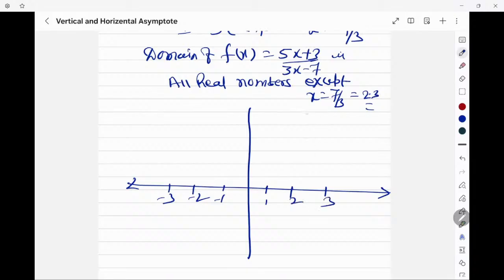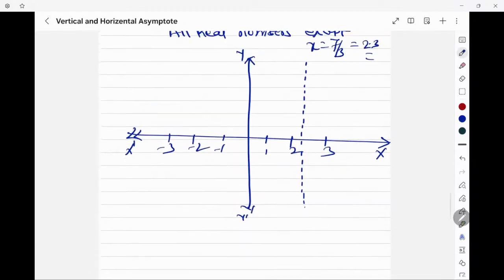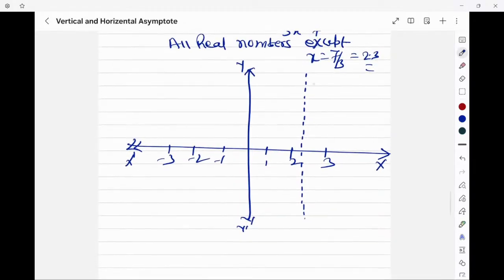This is the partition of the graph vertically. This is the y-axis and here y, x, and here x dash. This is the asymptote at x equals 7 over 3, which is about 2.3.